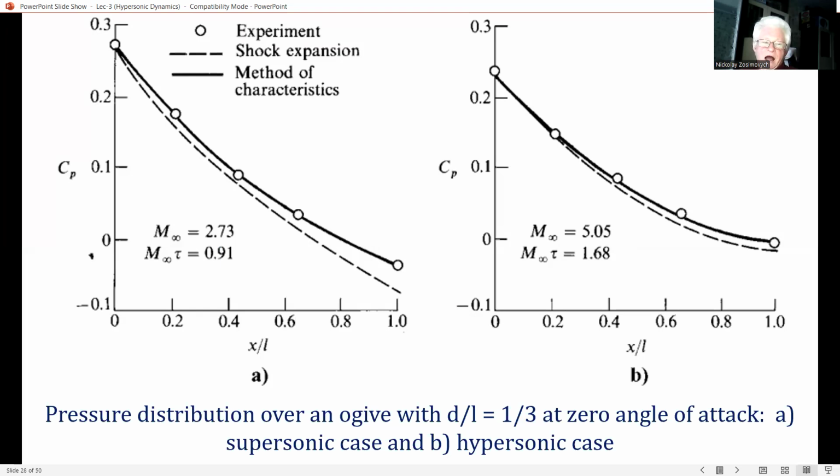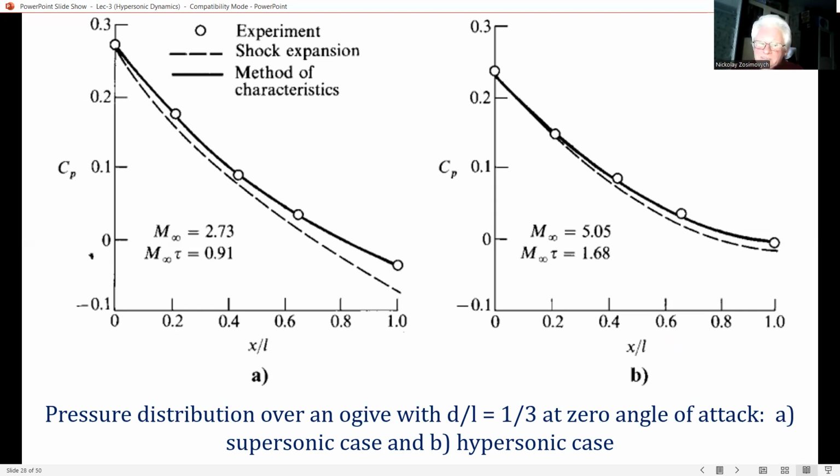The circles are experimental data. The solid line represents an exact result from the method of characteristics. And the dashed line here is from the shock expansion method. Note that for the supersonic case, the shock expansion method yields poor agreement. However, for the hypersonic case, the shock expansion method is much closer to the exact result.